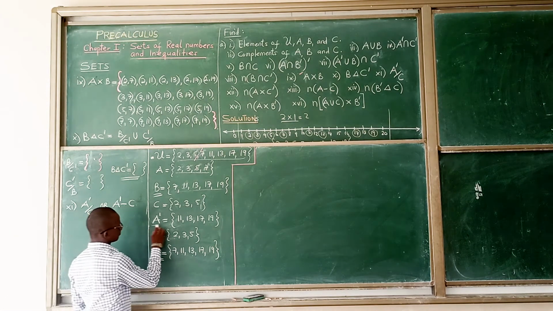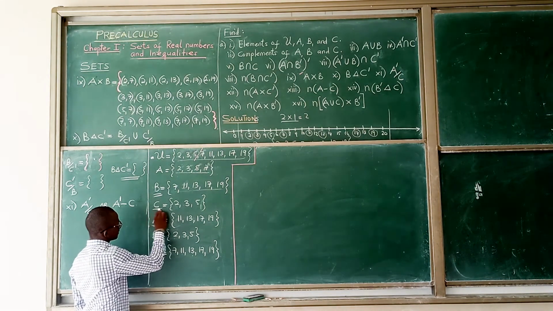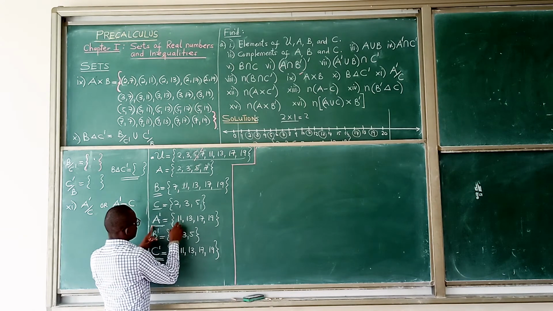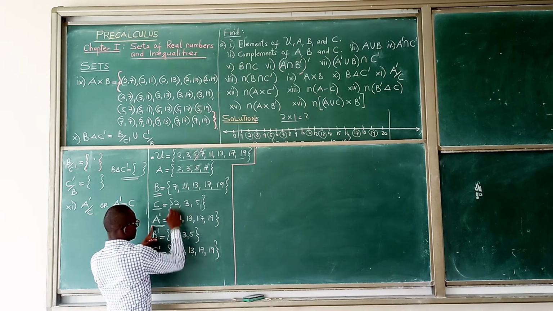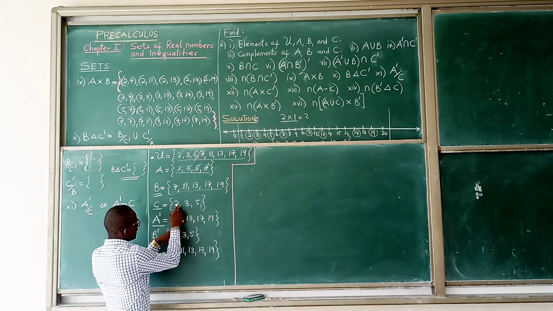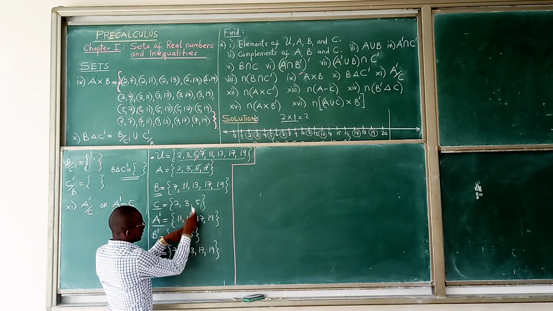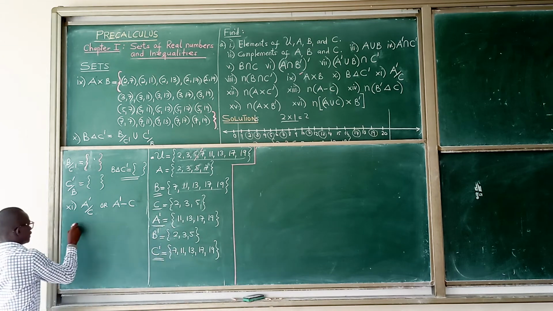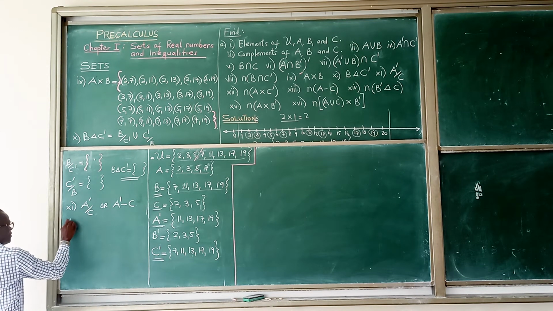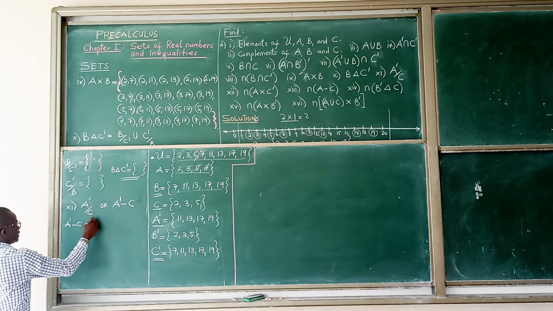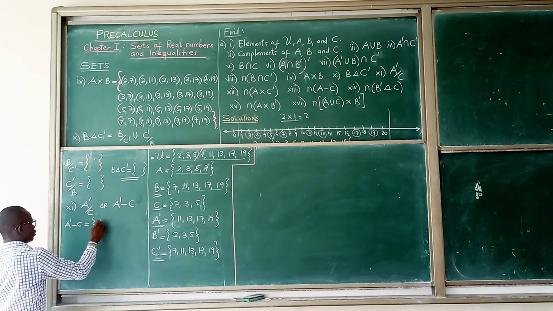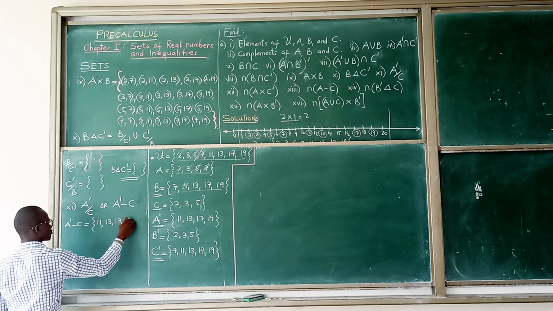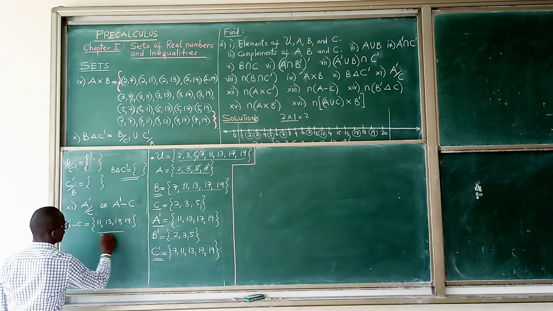This is A prime, and this is our C. What are the elements within A prime that are not in C? 11, 11 is not here. 13, 13 is not here. 17, 17 is not here. 19, 19 is not here. So all of the elements within A prime are not in set C. So the difference is just all of the elements in A prime.